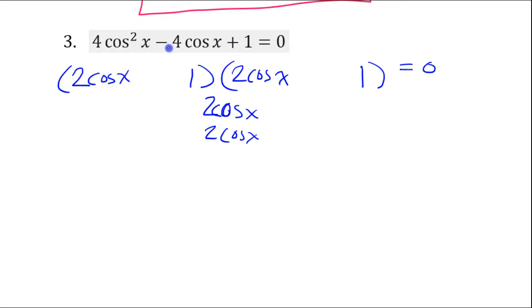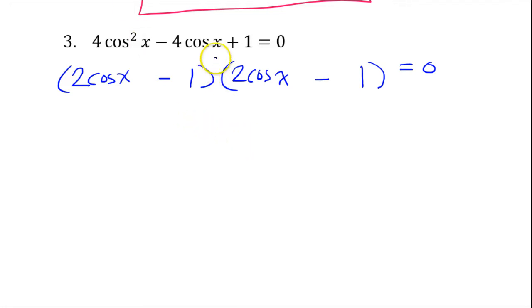I'm trying to get a middle of negative 4 cosine x. That will happen if both of these are negative. Will that give me a positive 1 though? Yes, it will, because a negative times a negative is a positive. So great, we just factored it correctly.